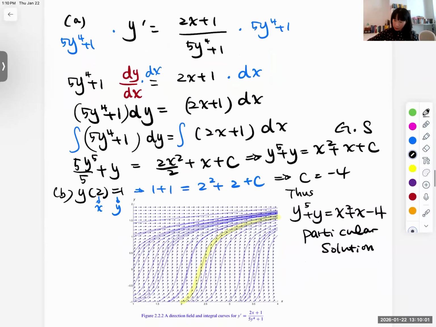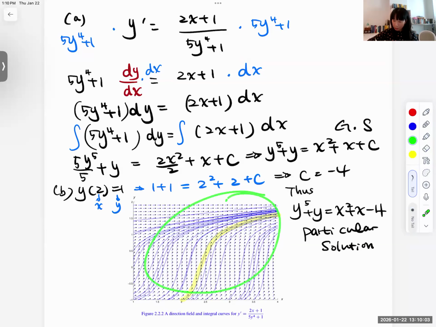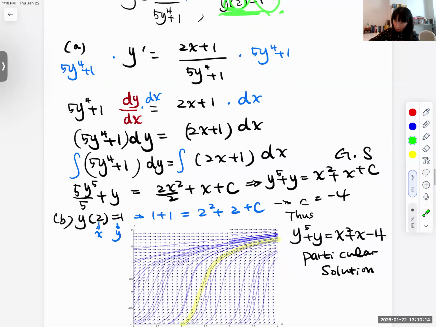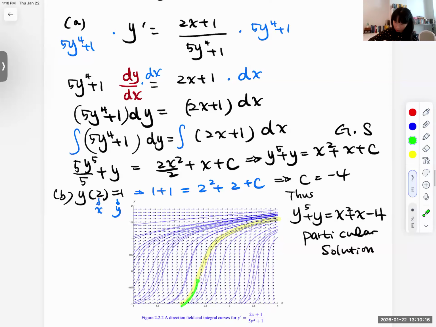Okay, so this graph from your textbook shows the initial value when x equals 2, y equals 1.